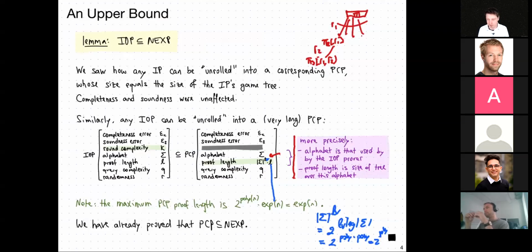So this type of first-level exploration is always extremely important. And the main takeaway here is that to the extent that IOPs are very different from PCPs, they're not different in terms of can they give us more languages than PCPs do? The answer is no. They will give us other things, but not new languages. All right, are we happy with the upper bound?